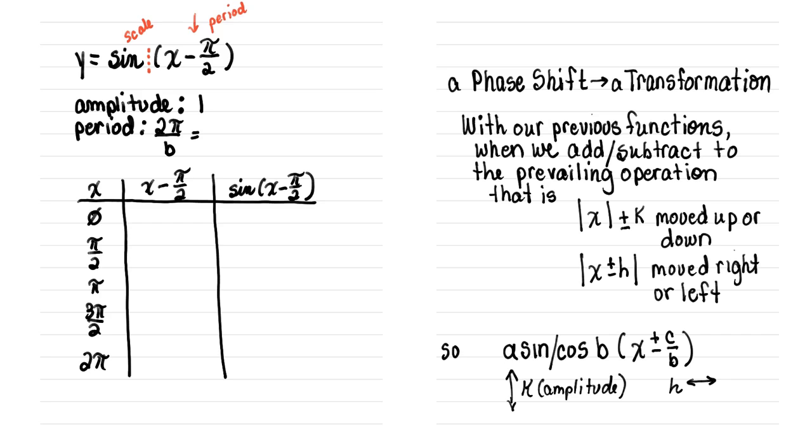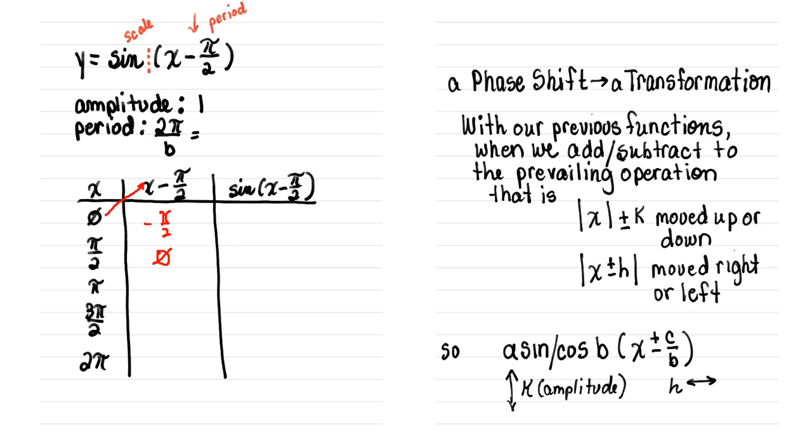Okay, so to graph a table of values, what we do is look at what happens first and then what happens second. I'm going to do what's inside the parentheses first and then do what happens with the trig second. So if we put a 0 in for the x, we end up with a negative pi over 2. And pi over 2 minus pi over 2 gives us a 0.